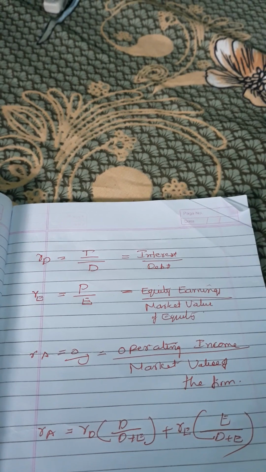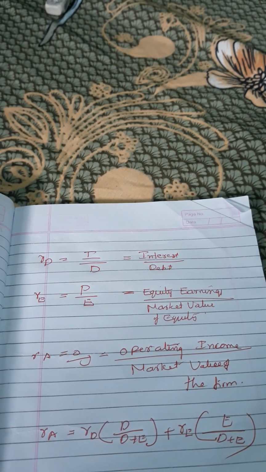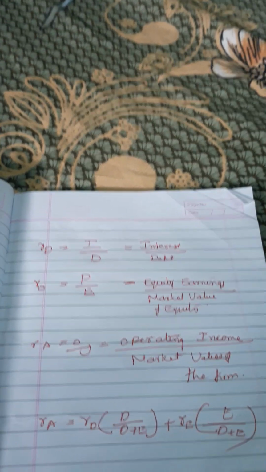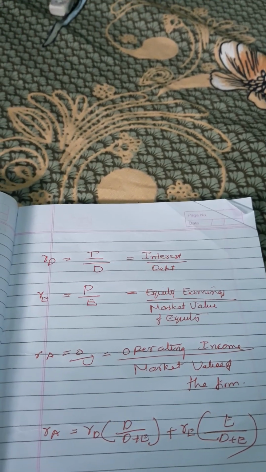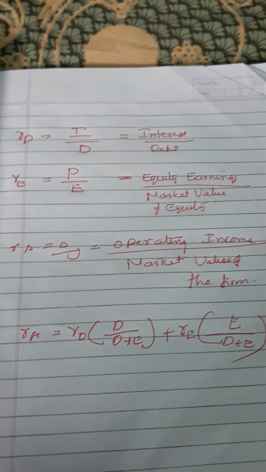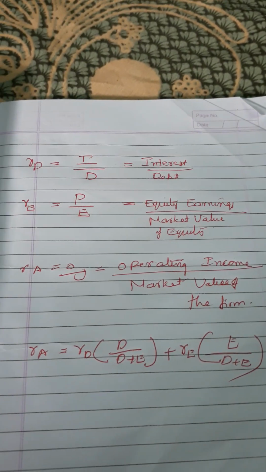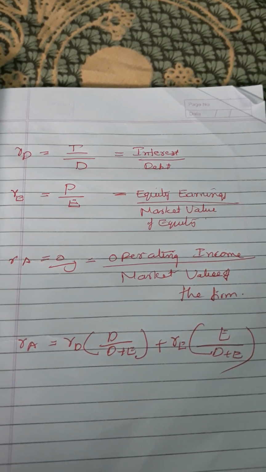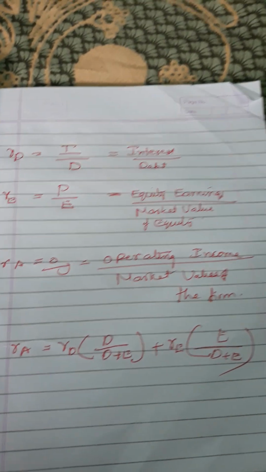If the interest is low, then the cost of debt is low. On the basis of this, we will decide whether to go for debt financing or equity financing. And that will define the cost of the firm, that is the return of the firm, Ra, operating income divided by the market value of the firm. And this is defined by this formula.